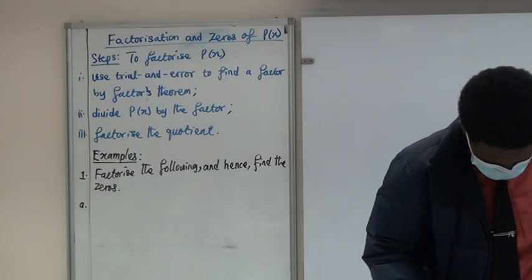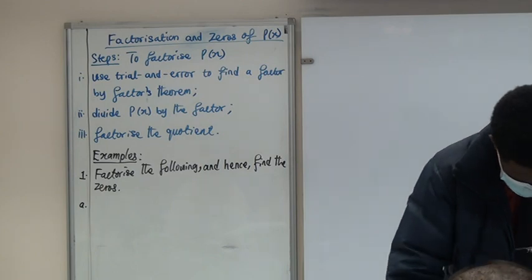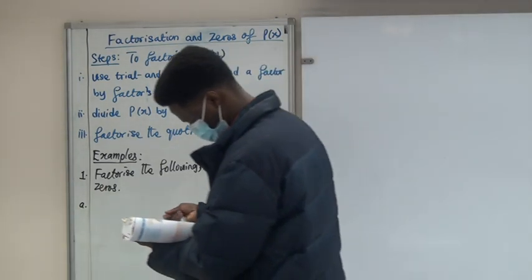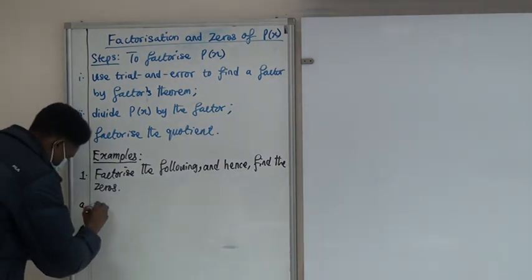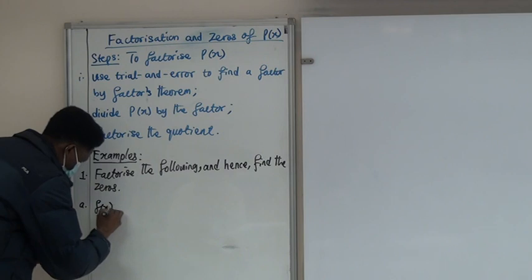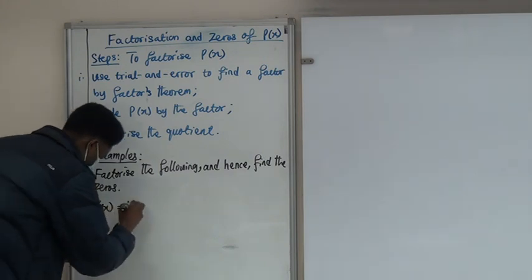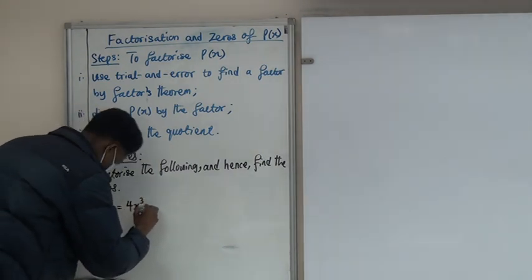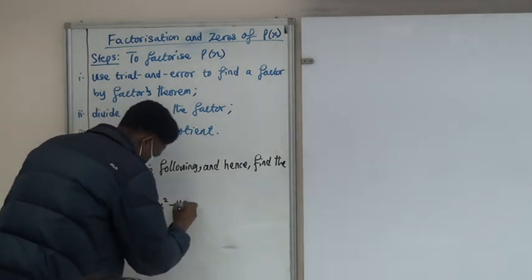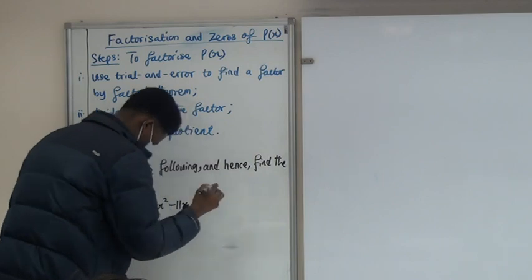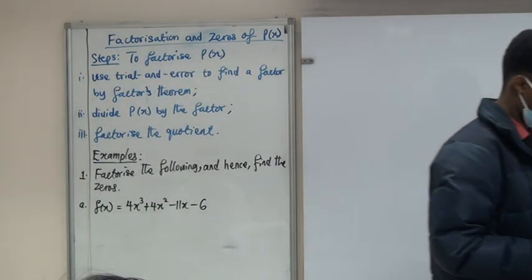Let's call this f of x is equal to 4x cubed, please bring out your calculator, minus 11x minus 6.